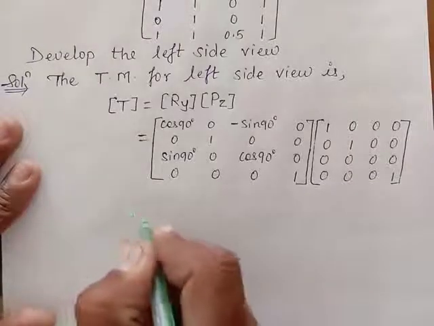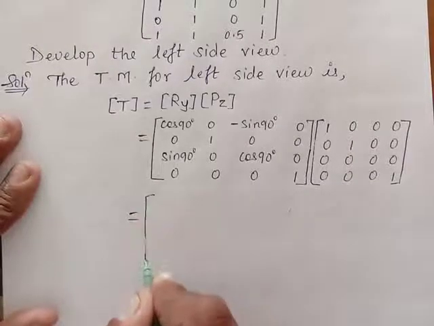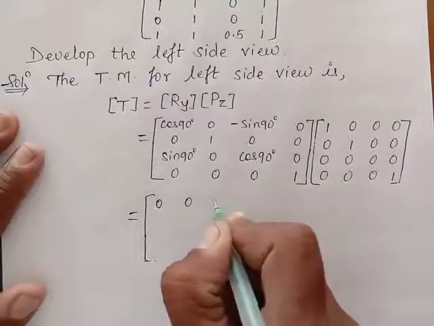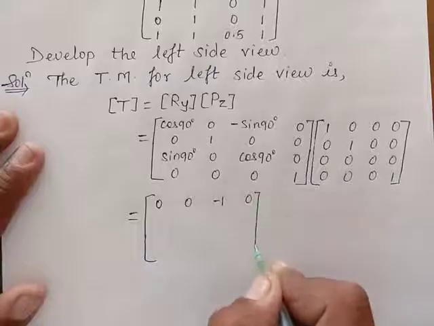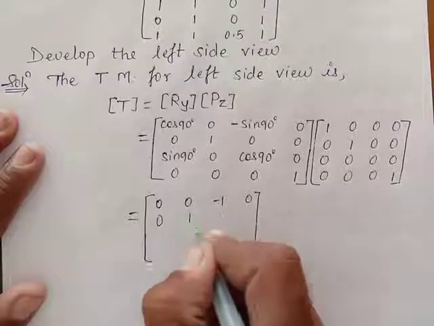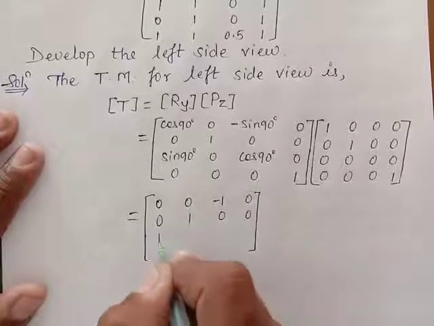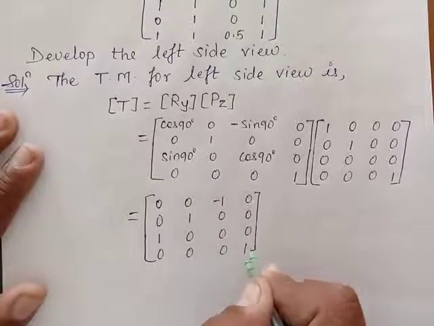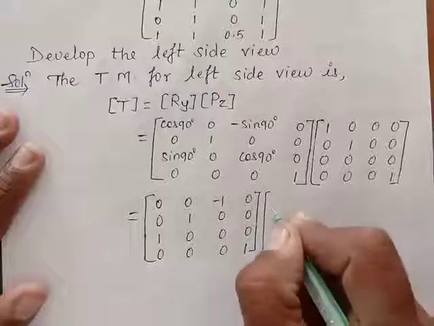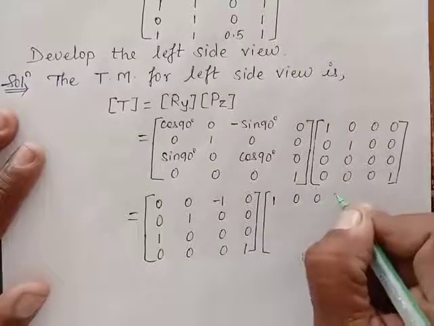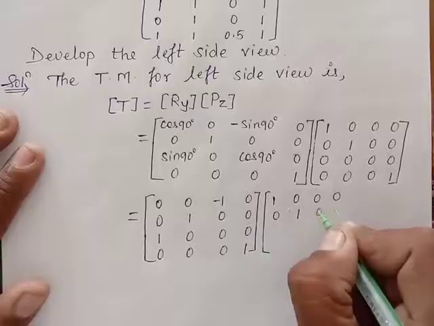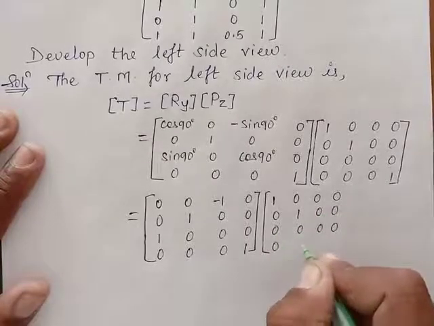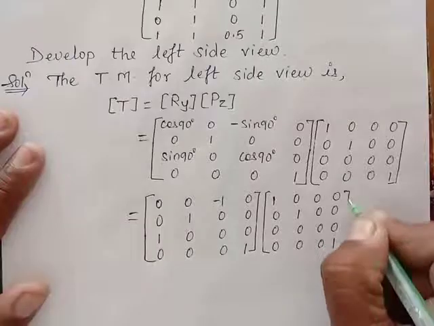Let's simplify it. What we get here is cos 90, 0, 0, minus 1, 0; 0 1 0 0; 1 0 0 0; 0 0 0 1, into 1 0 0 0, 0 1 0 0, 0 0 0 0, 0 0 0 1.